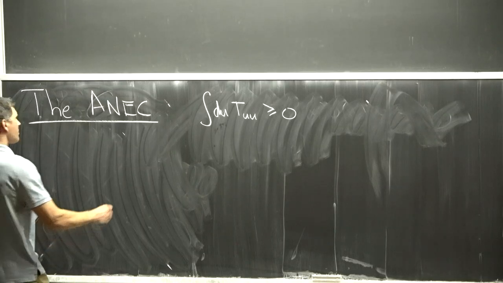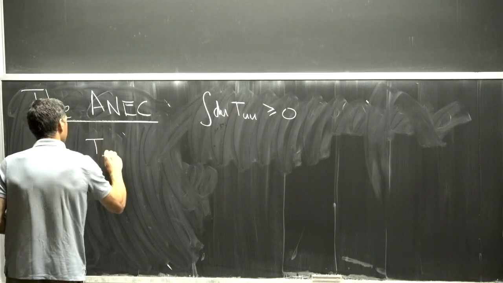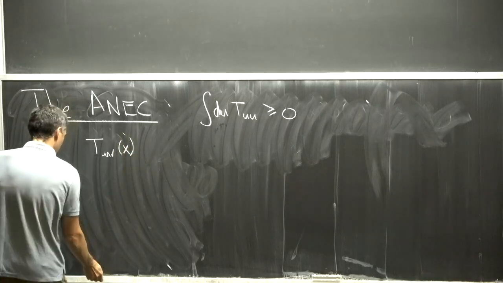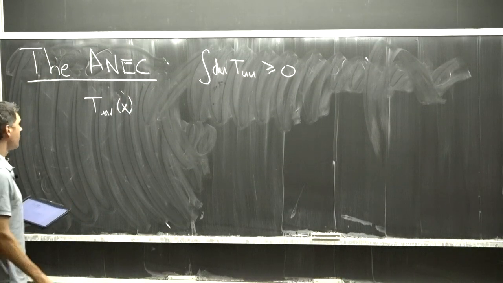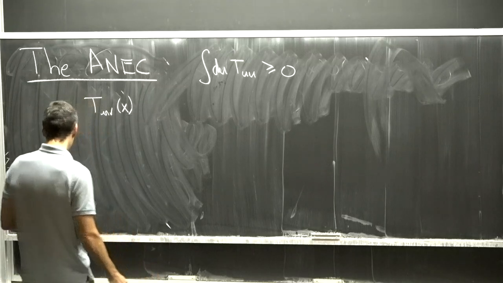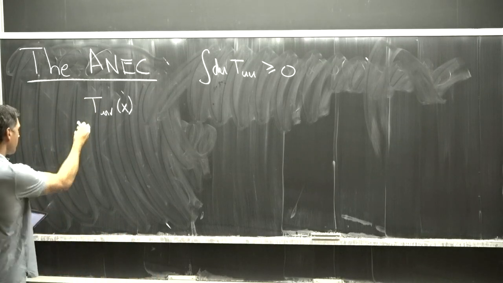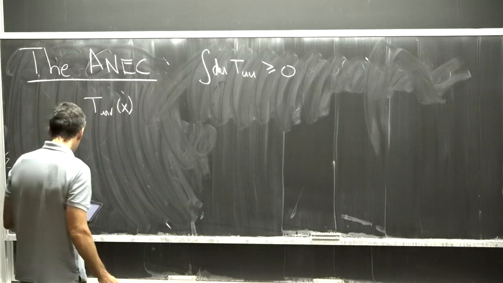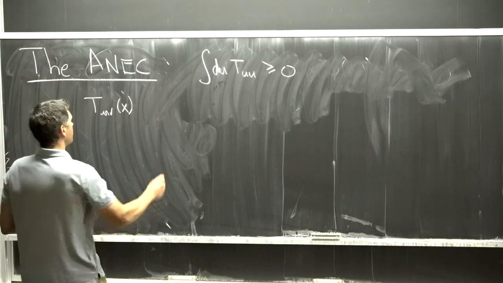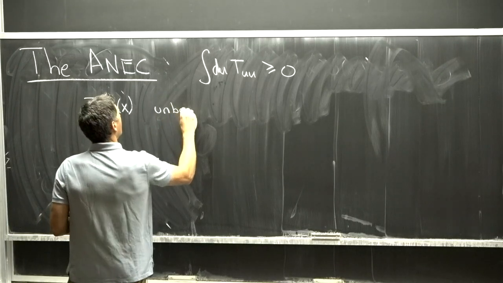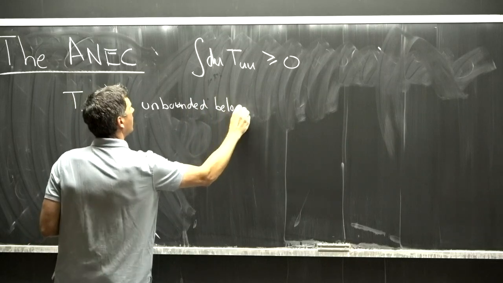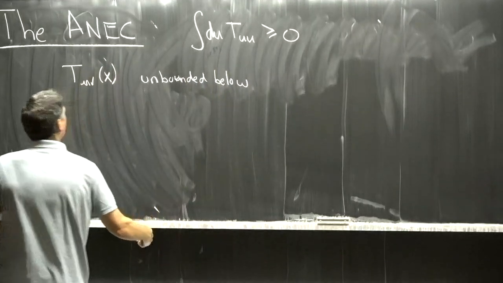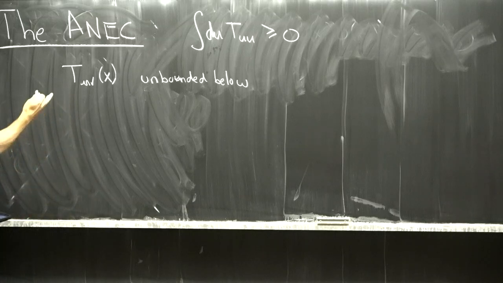So why the ANEC, first of all? In any quantum field theory, it's a general fact that any local operator, including the stress energy tensor or energy density, is unbounded from below.